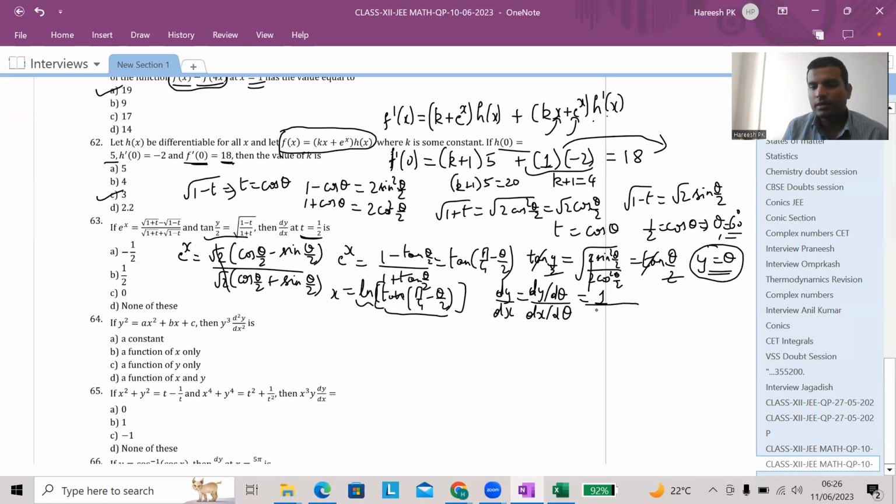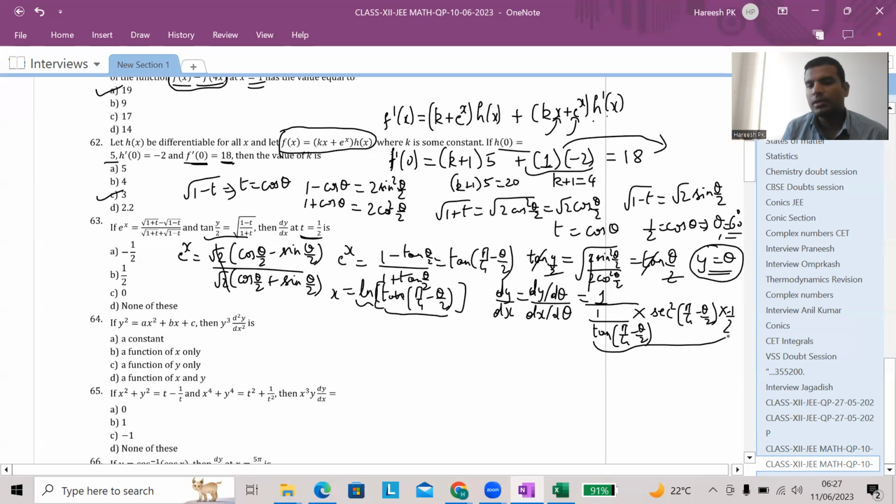Derivative of log is 1 by tan of pi by 4 minus theta by 2 into derivative of tan, which will give secant square, and derivative of pi by 4 minus theta by 2 will give minus half. So I'll write that minus half here.